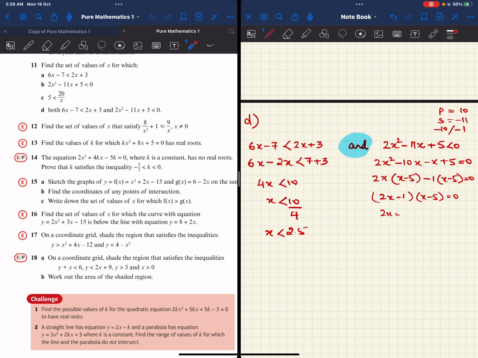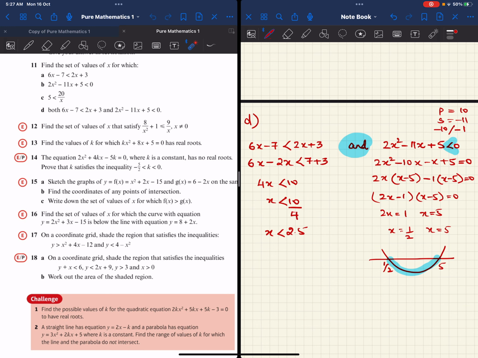Therefore, 2x is equal to 1, x is equal to half, and x is equal to 5. Since it is an inequality and it takes the region below the x-axis or less than 0, once we sketch it, this is from half to 5 and it is below the x-axis.